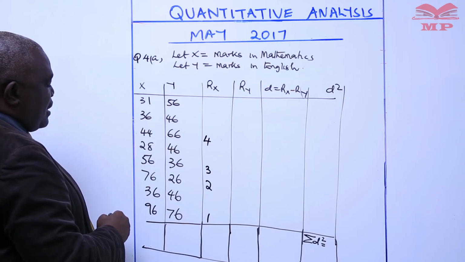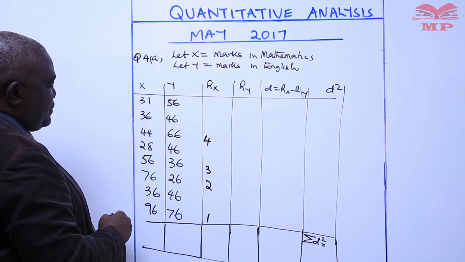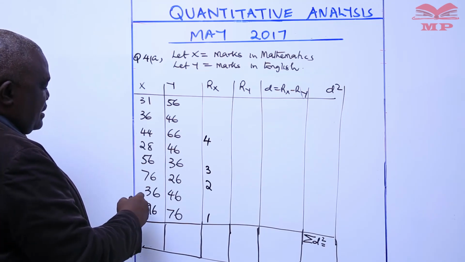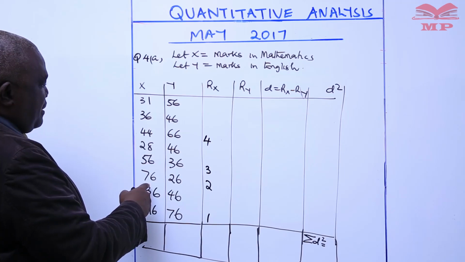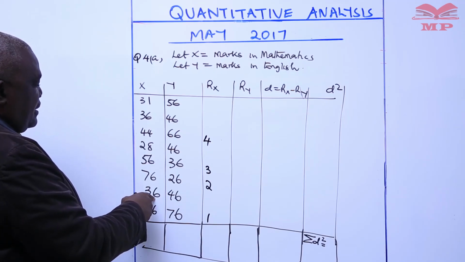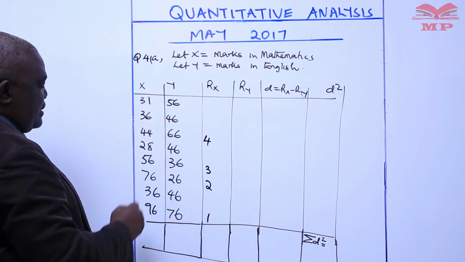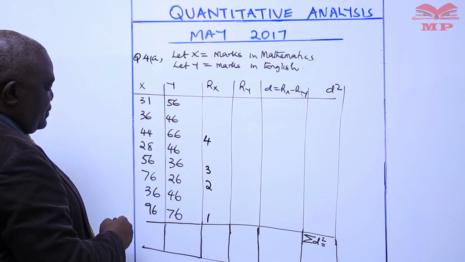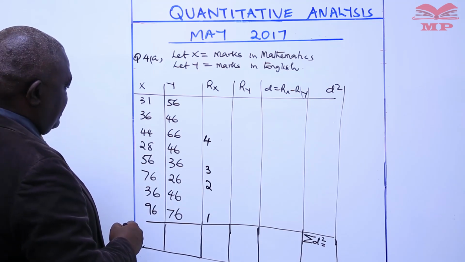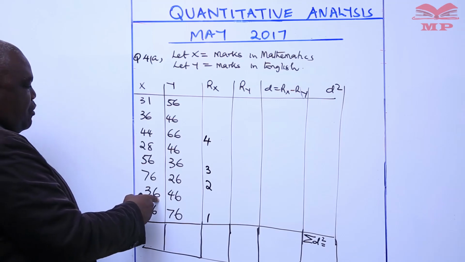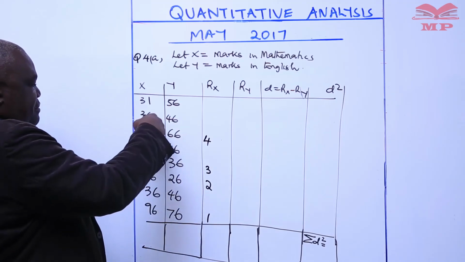Then now I have 36, another 36. This rank would have been 5, then 6.